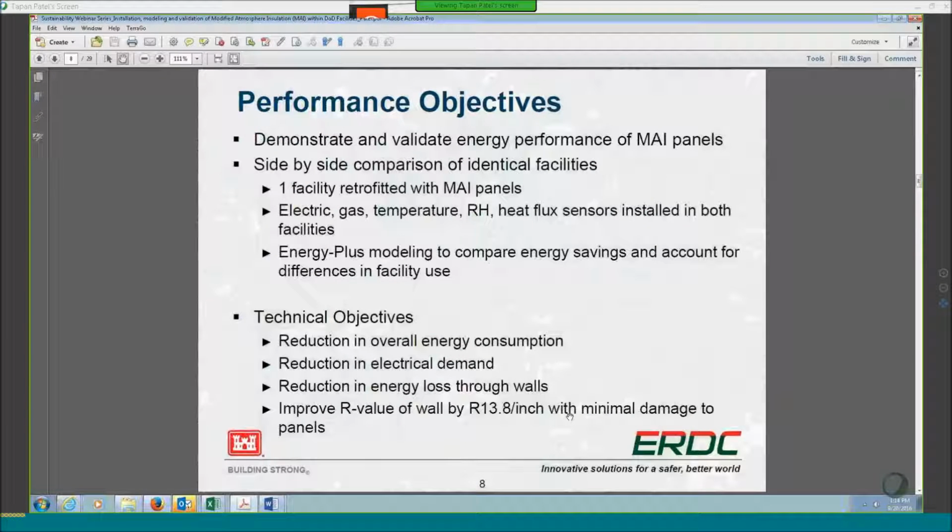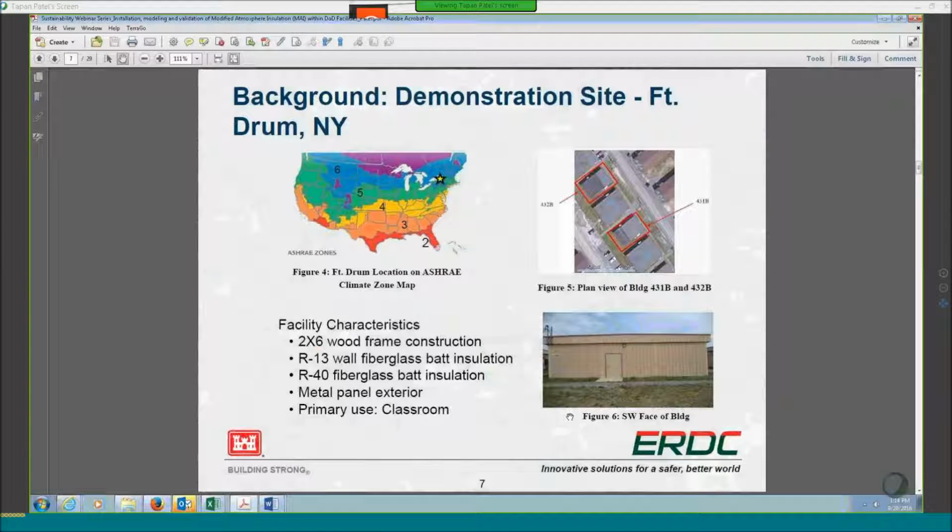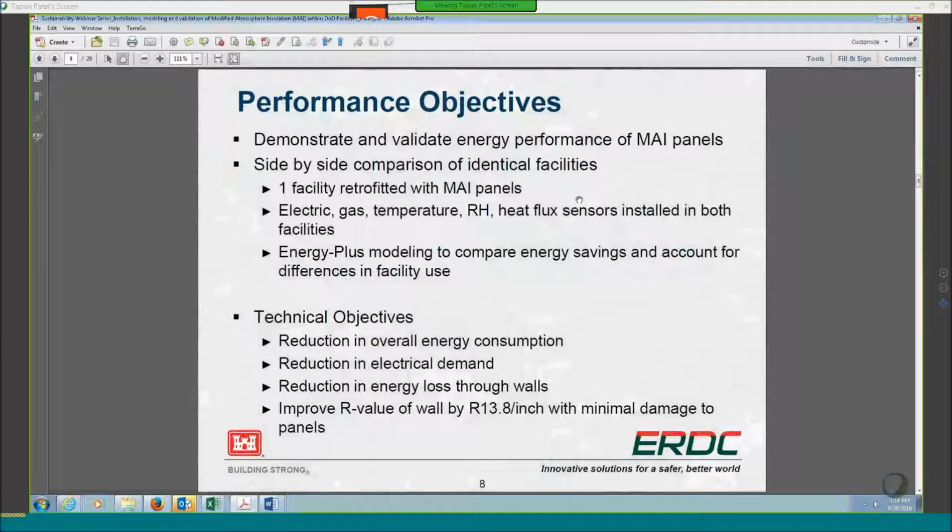For the CSTCP project, our performance objectives primarily were to demonstrate and validate the energy performance. The goal here is to transition this technology if it's successful and to spread our knowledge and the lessons learned from this project. So what we did is we took one facility, and I'll go back to my previous slide, facility 432B, that's the retrofit facility. We put the MAI panels onto that building, and 431B was our baseline.